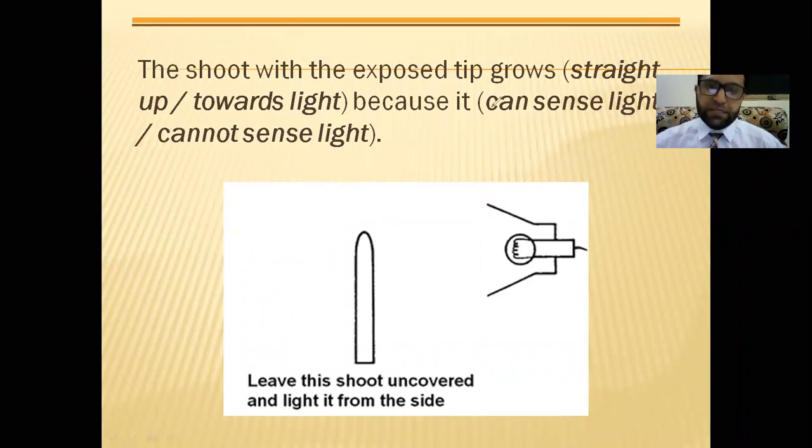So it means that this tip can sense the light. If it can sense the light, this shoot will bend toward the light. So the shoot with exposed tip grows toward light because it can sense the light. Okay?